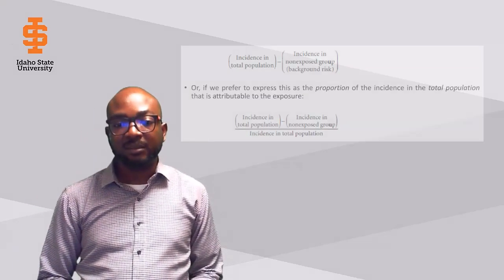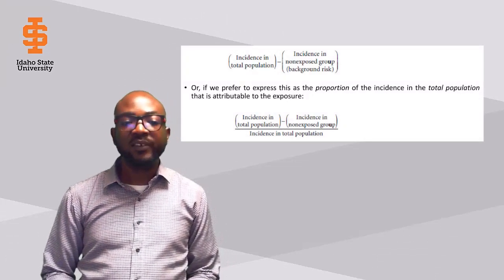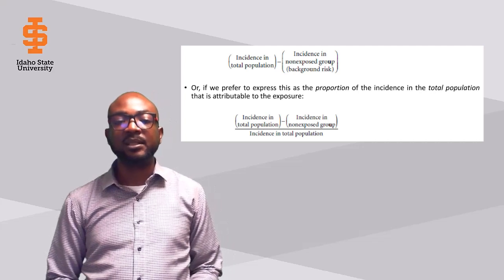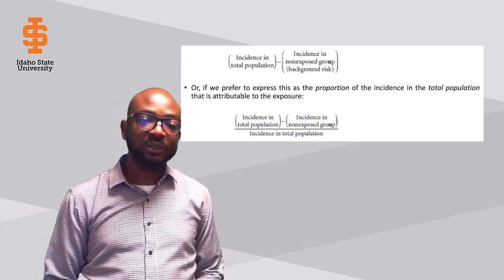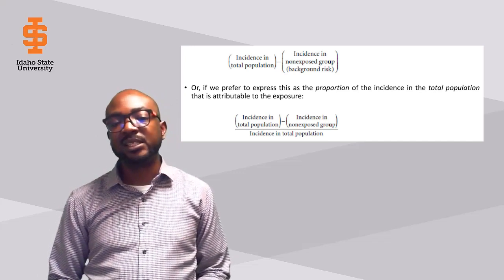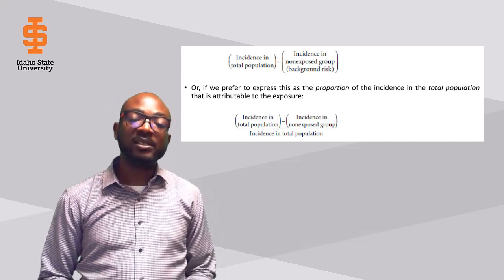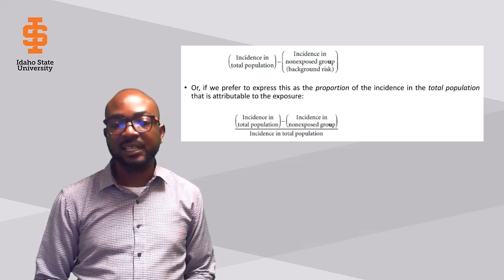It is given by the formula incidence in total population minus the incidence in unexposed group. Or if we prefer to express this as the proportion of the incidence in the total population that is attributable to the exposure, the formula would then be incidence in total population minus the incidence in the non-exposed group, all divided by the incidence in the total population.